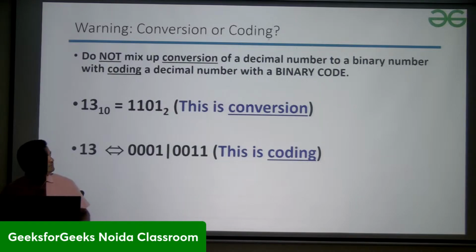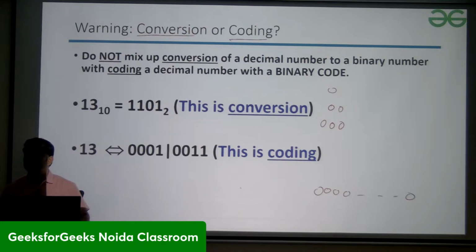All right, you have to be very careful, as I have already discussed, that there is a difference between conversion and coding. Conversion can represent any particular information in the binary number system with any number of bits. Like 0 can be represented in a single 0 bit, in 2 bits, in 3 bits, or in k number of bits.